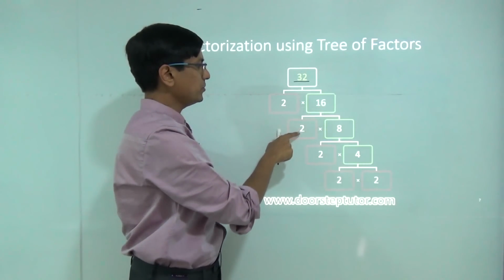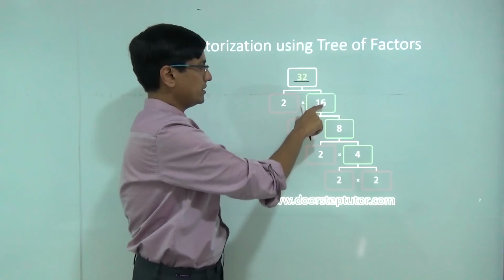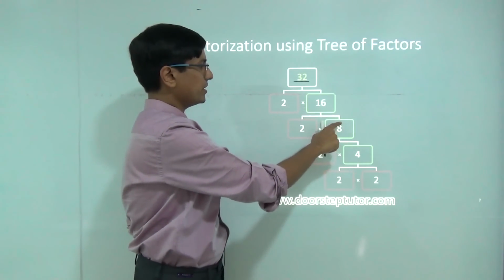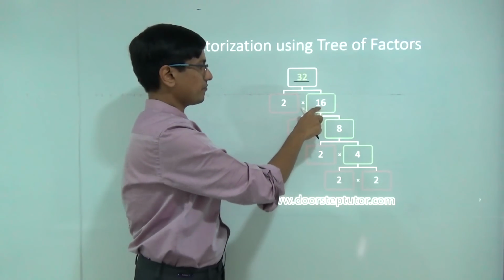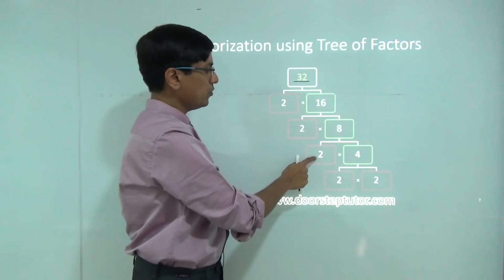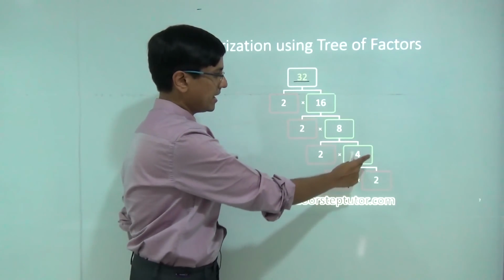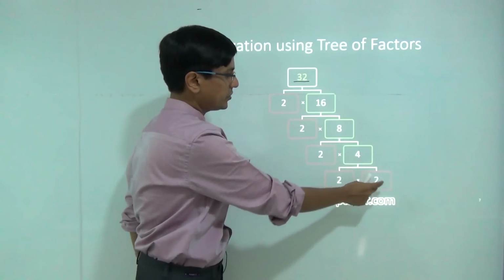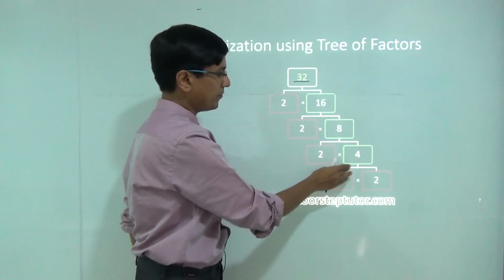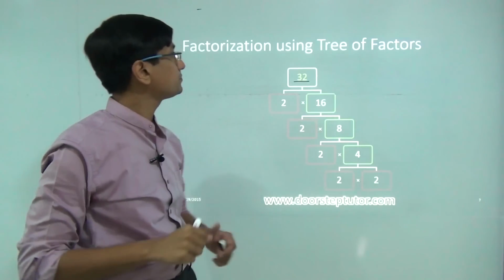Again, 16 is even, so 2 would definitely divide 16. So I say 2, and the quotient of 16 divided by 2, I write here, which is 8. Similarly, 2 can completely divide 8, and the quotient is 4, I write 4 here. Then 4 can be written as 2 into 2, or again I can divide 4 by 2 and I am left with the quotient 2, so I write 2 here.